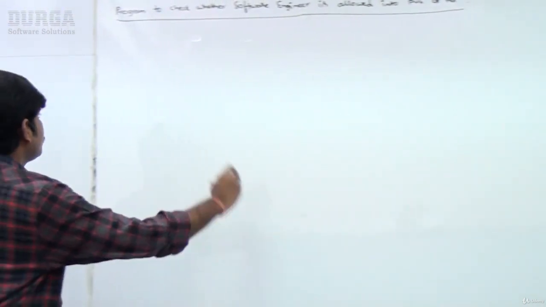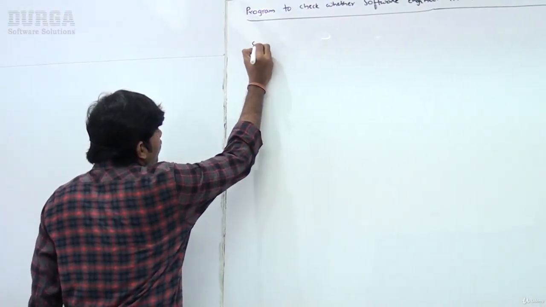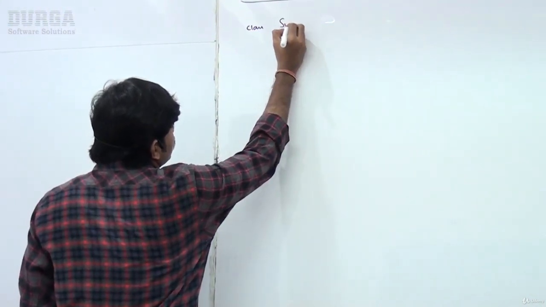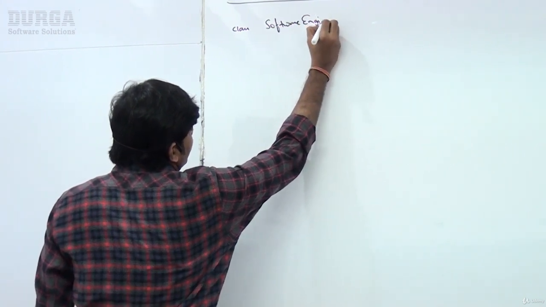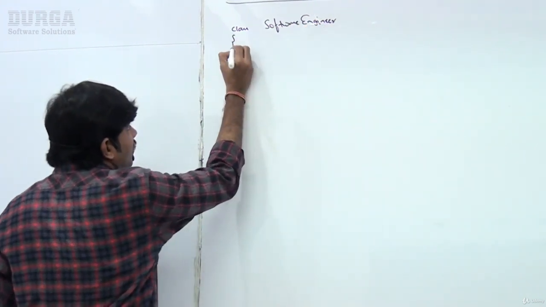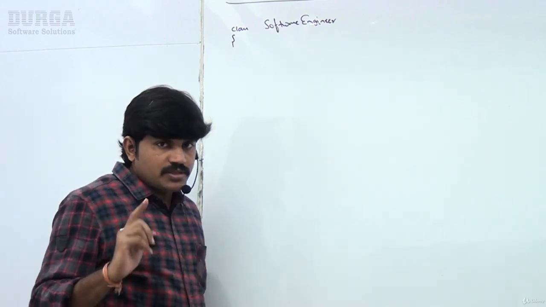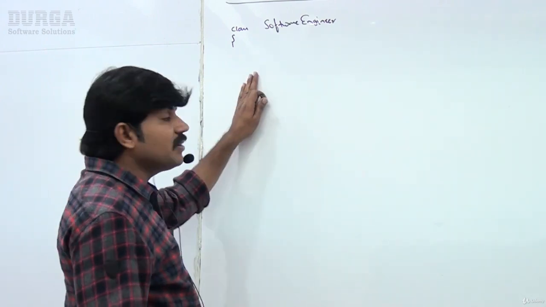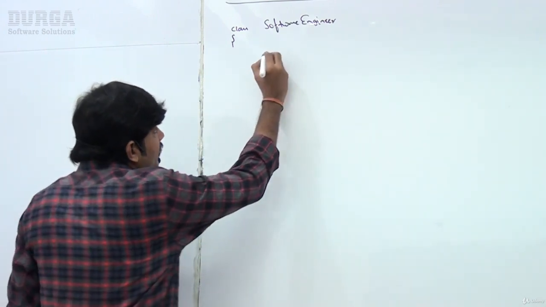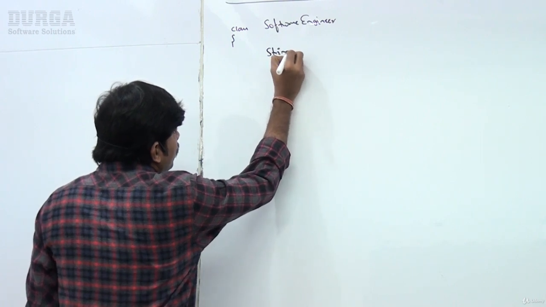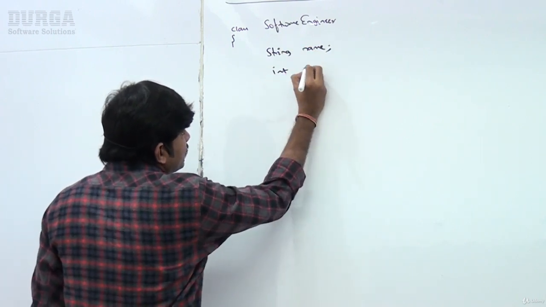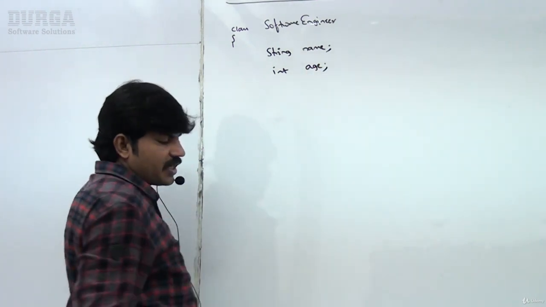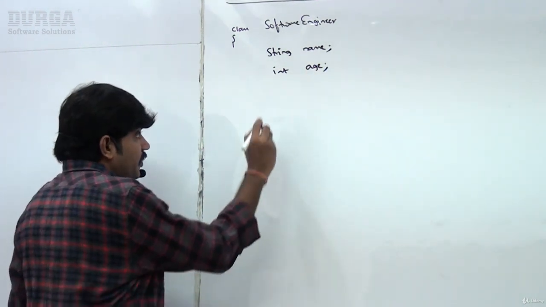Observe a bit very carefully, sir. I am taking class SoftwareEngineer. Every software engineer, I want to maintain three properties. One is name. Second one, sir, age, because for this requirement, age must also be required.